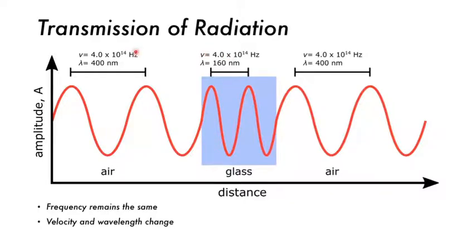However, the frequency will not change. The frequency will still be the same. So the number of discrete waves, from here to here, how often the wave passes through, will still be the same. Frequency stays the same, but the velocity and wavelength change. So it moves through the glass slower generally than it would through air, but it's still moving.